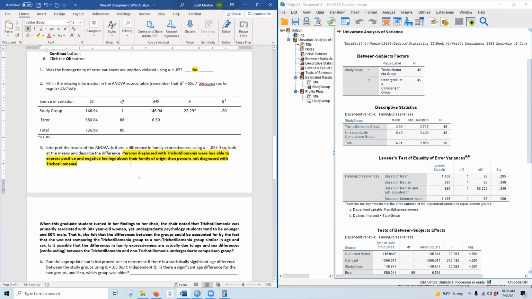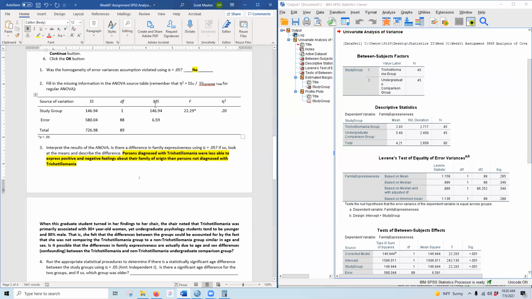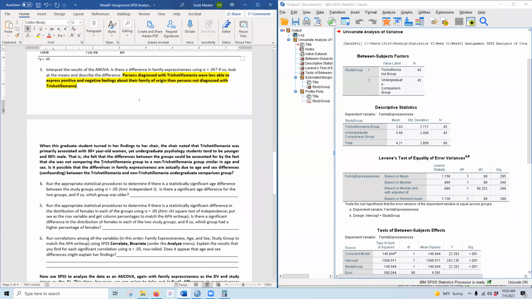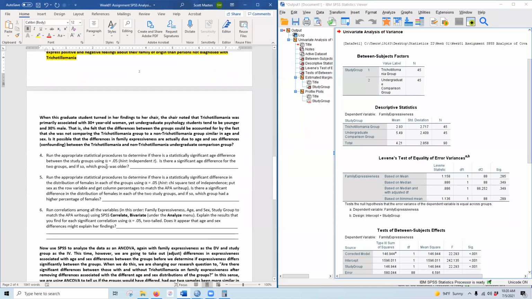So she was super excited when she did this, and she was going in to defend her dissertation, and she found what she thought, not only for this subscale but for pretty much all the family subscales of the FES, that folks who have trichotillomania came from families that were a little bit harder to deal with. But what happened is when she went in for her master's thesis defense, someone on her committee said, hey, wait a minute.